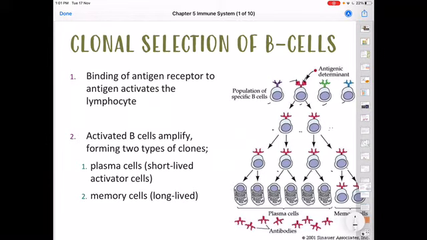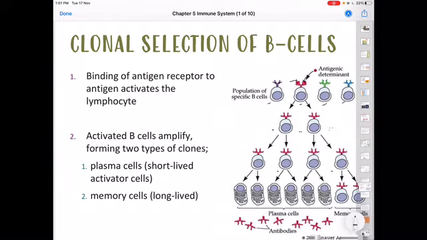But for the memory cells, they will keep that kind of pathogen. Struktur pathogen tu dia akan kenal pasti, ciri-ciri pathogen tu, macam mana bentuk antigen yang attach pada plasma membrane pathogen tu, semua dia akan memorize. In case there is a second exposure to the same pathogen, dia akan terus induce the plasma cell untuk menghasilkan antibody yang sama.